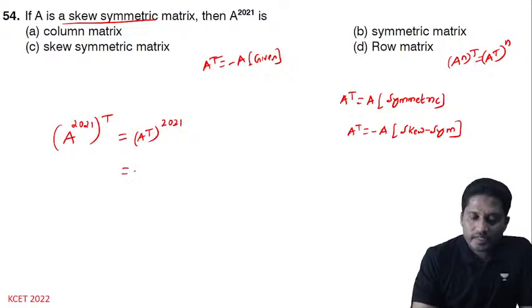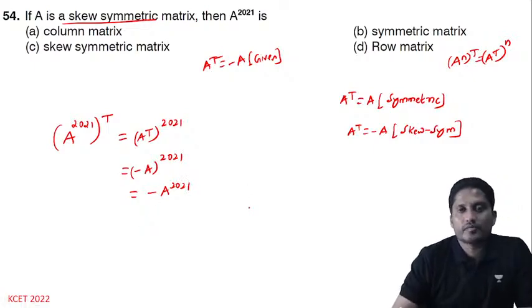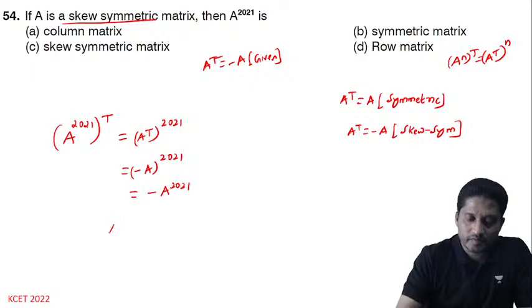A transpose is minus A according to the question, whole power 2021. Okay, minus to the power of 2021 is minus A whole power 2021, which is equal to negative of its own transpose. A transpose is equal to minus A. This means that A to the power of 2021 is skew symmetric. This is skew symmetric.